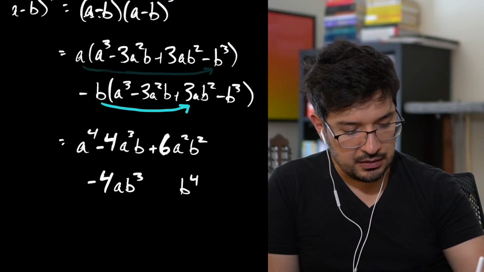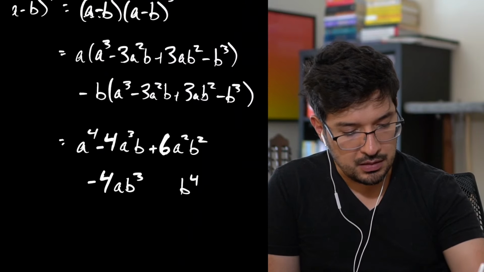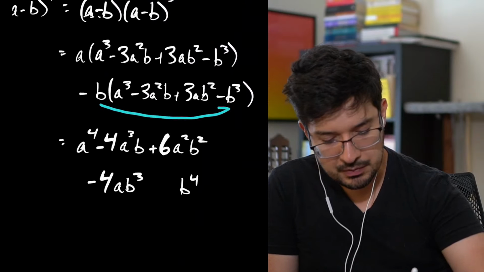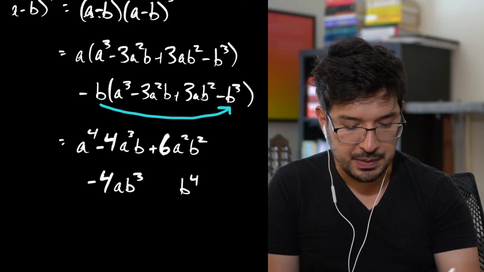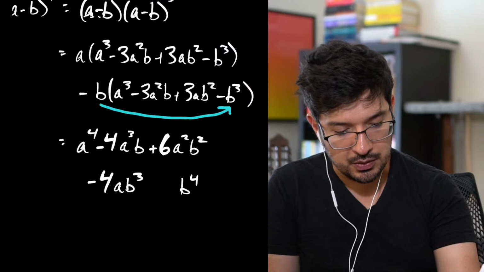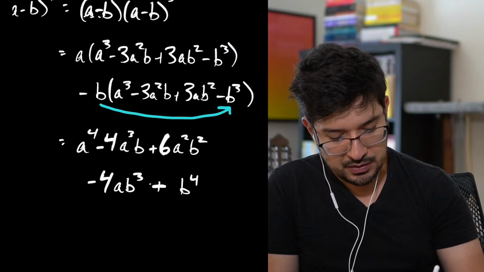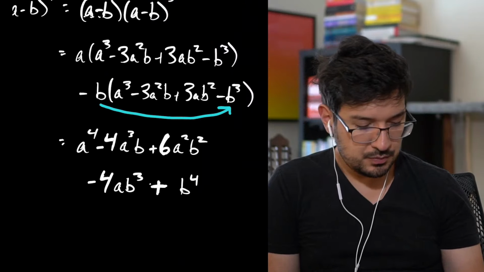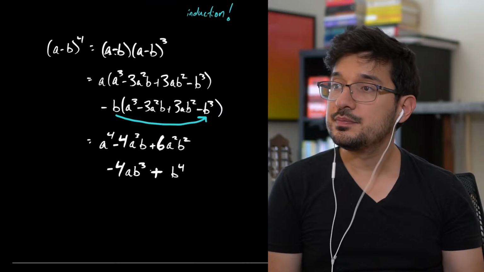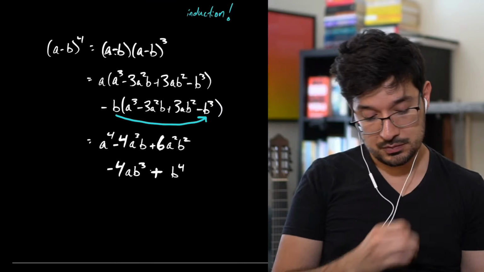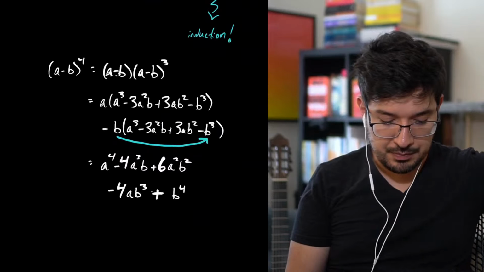And then finally, the only way to get a b to the fourth term is right here: negative b times negative b cubed, which is going to be positive b to the fourth. Cool. And now we're done.